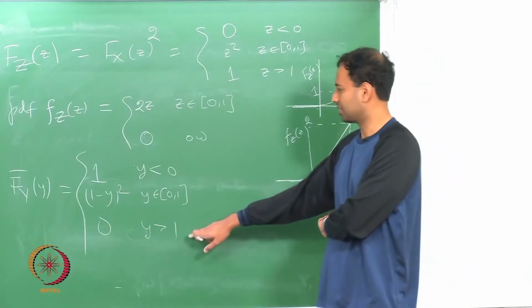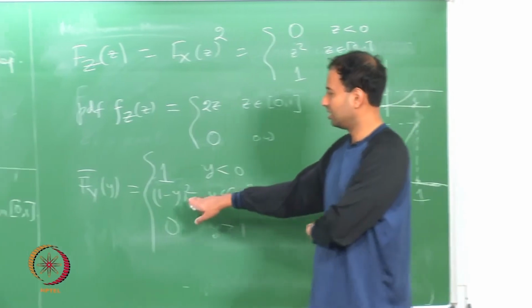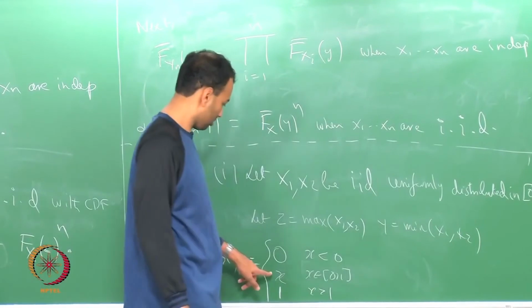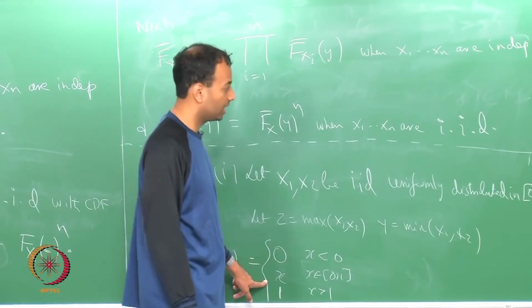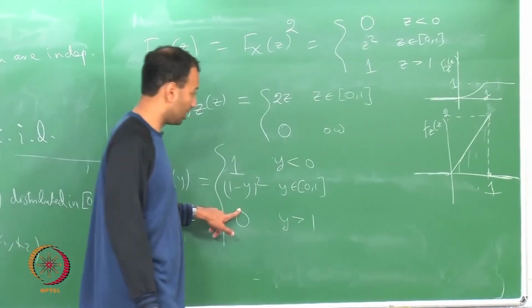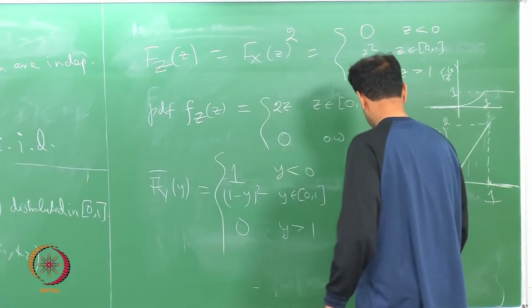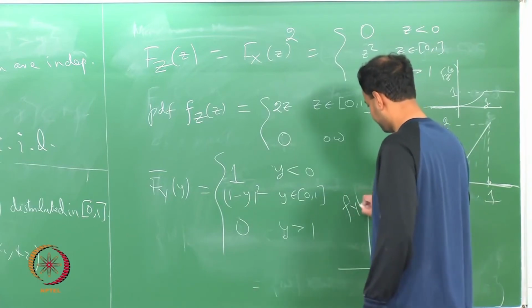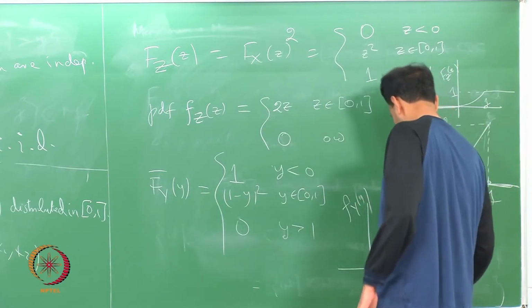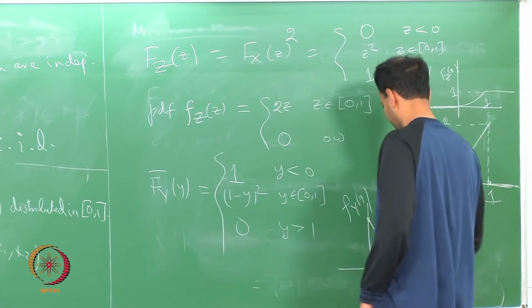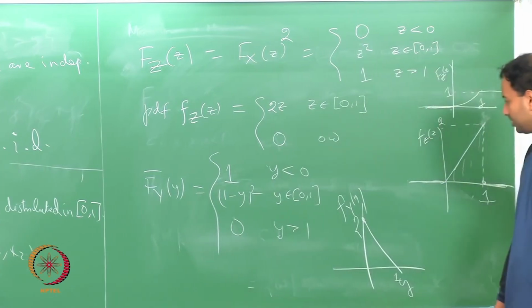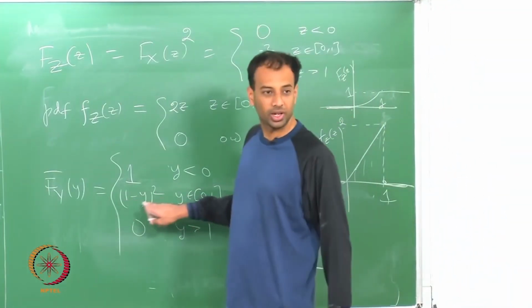Is this correct or am I missing something? I am just taking the complementary CDF of x, which is 1 minus y, and I am squaring that. I think this is correct. So, the PDF will be the derivative of this, which will look like that, twice 1 minus y.